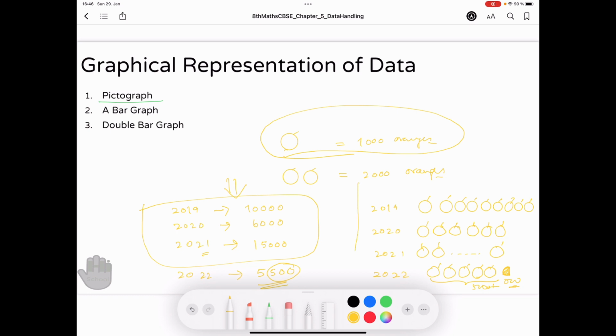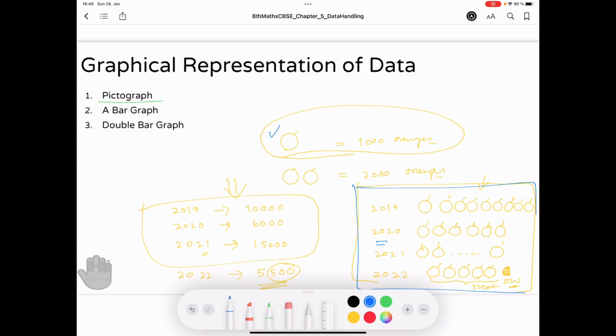So this is how we represent given data in a pictograph. So in some questions we can be given this information that this shape of an orange represents 1,000 oranges, and this pictograph, and we can be asked for some information, to look for information in this pictograph. What information?